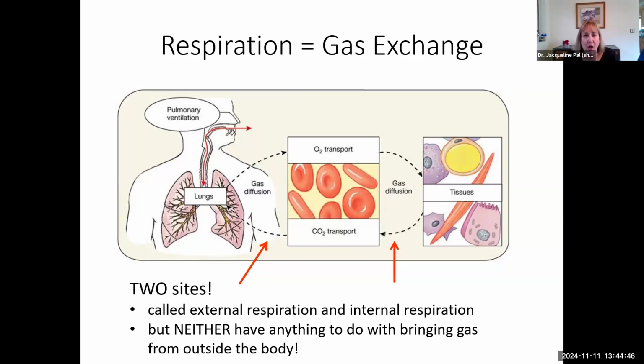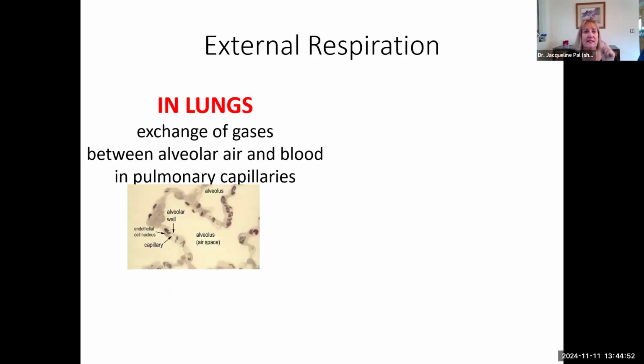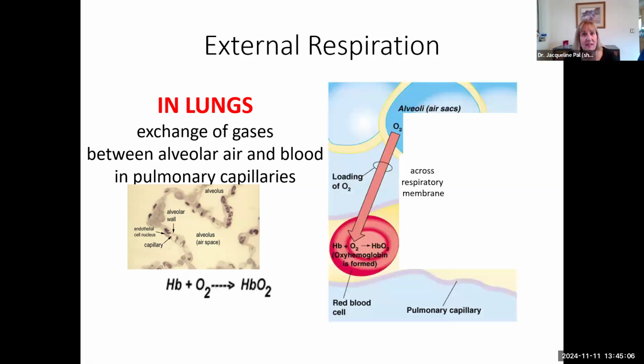Okay. So, external respiration occurs in the lung, yes, but it's an exchange of gas between the gas in the air and the blood in the pulmonary capillaries. Do you remember that respiratory membrane we talked about previously?